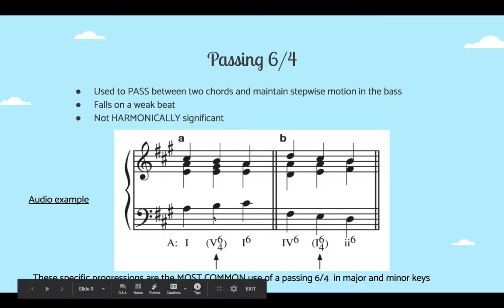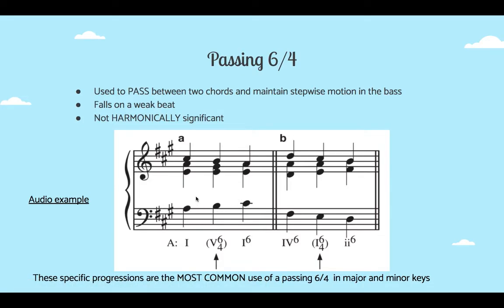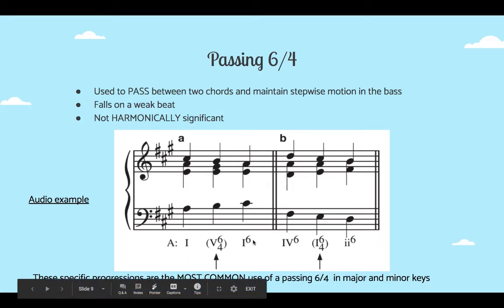So if we've got this 1 to 1-6, this tonic sonority, and we want to move between these different voicings of the chord but make it a little bit more interesting, and we want this ascending stepwise motion in the bass, we can go to this 5-6-4 chord that allows our bass to step up 1. We've got a common tone and then 2 steps down up here in the soprano and the alto part. And then it allows us to continue up to that 1-6, which is the re-voicing of that 1 chord.